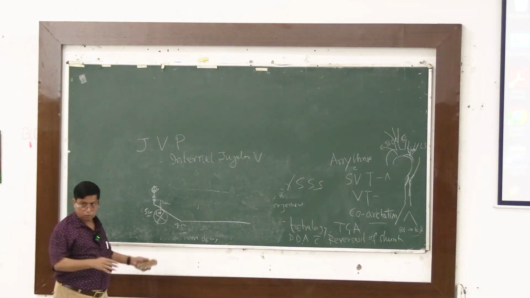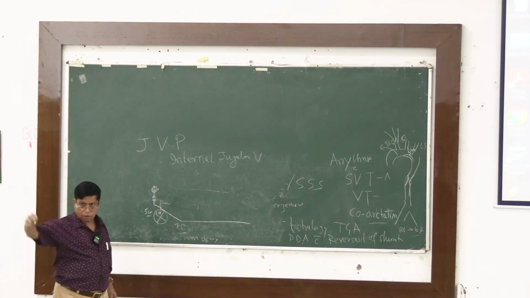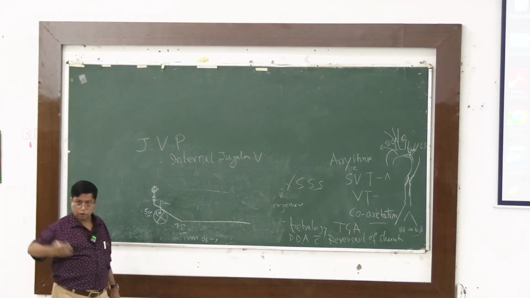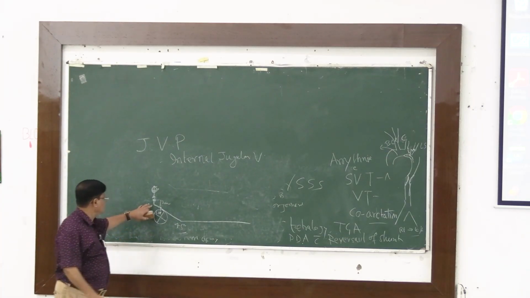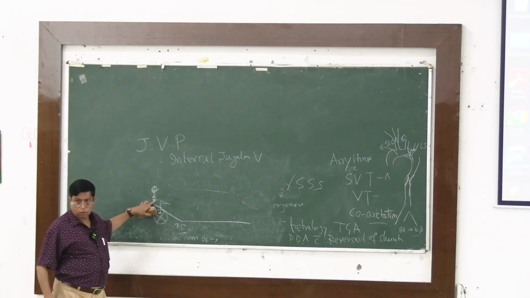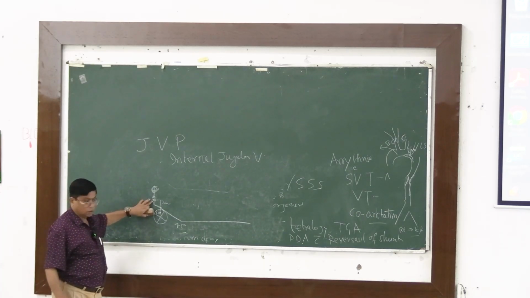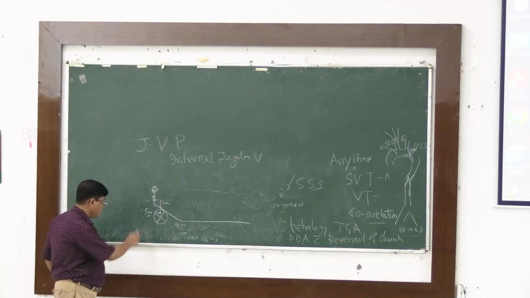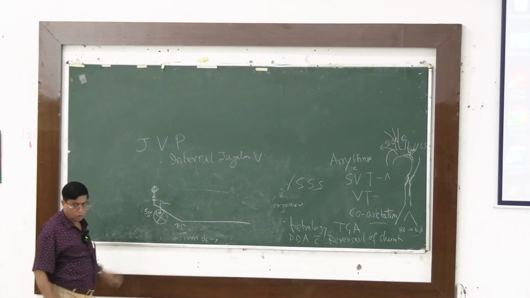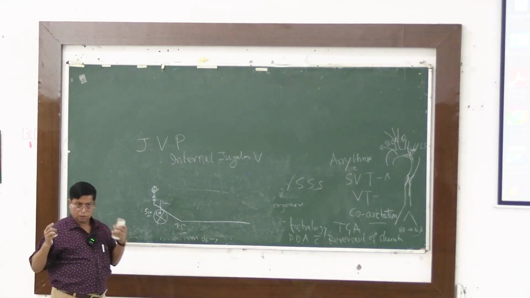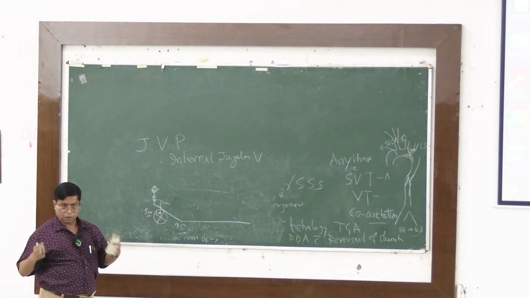If you lie the patient down totally, the blood column will go up into the neck and you cannot see it. So we make it 45 degree, so that the 8 centimeter comes to the lower 1/3 of the neck, where you can see the pulsation. So 8 centimeter water is the normal, as it reflects the pressure of the left atrium.